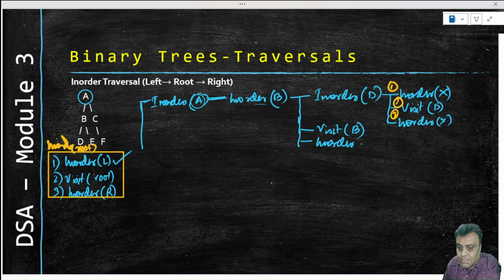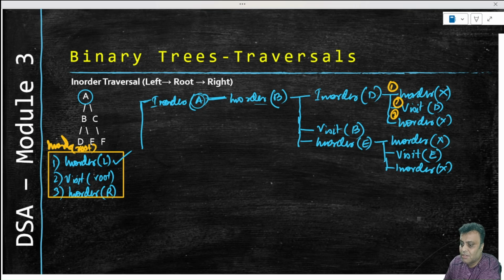Right of B is E. So if I take the right of B, it is E, which is nothing but it will initiate one more in order of the left, which is null. Then a lifeline will start, which will visit E, which is the root, and then one more in order, which is the right of the root, that is E.